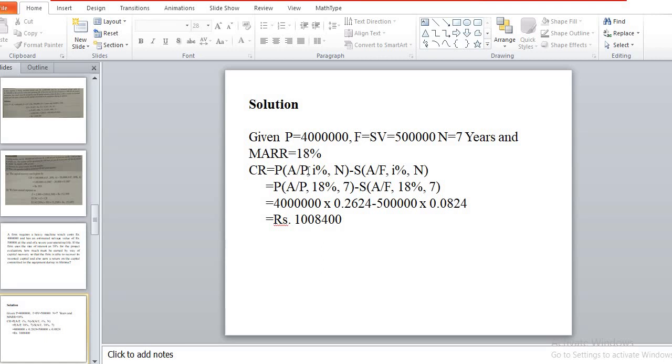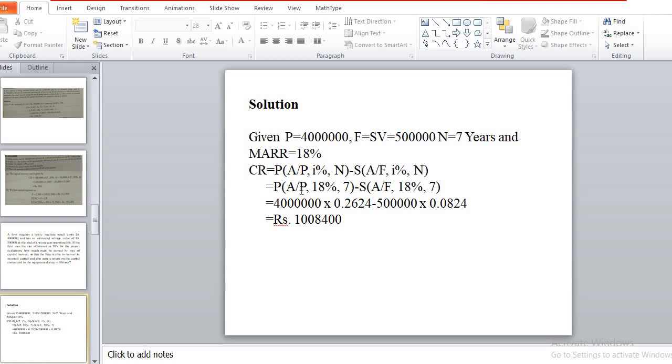A by P is the capital recovery factor, and A by F is the sinking fund factor, and for both we have formulas.